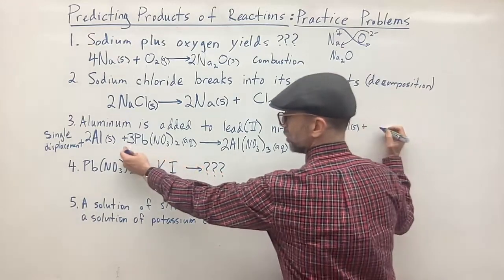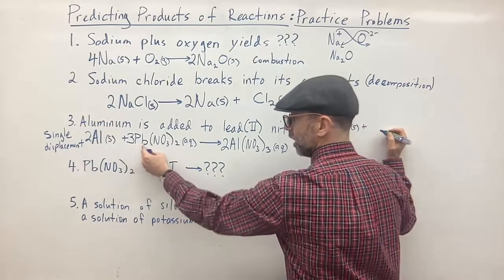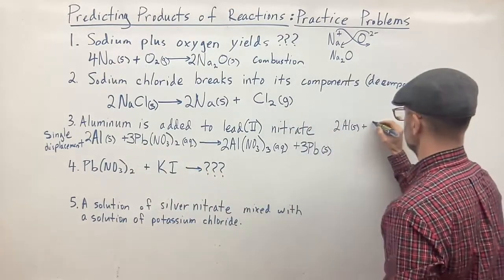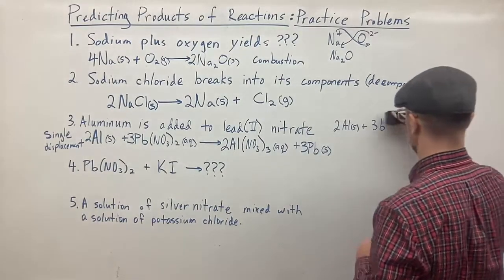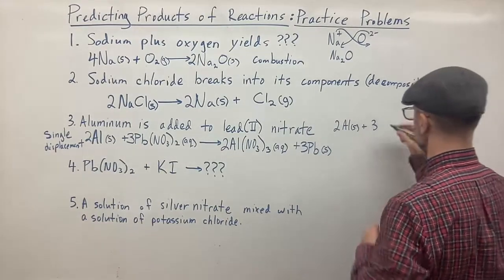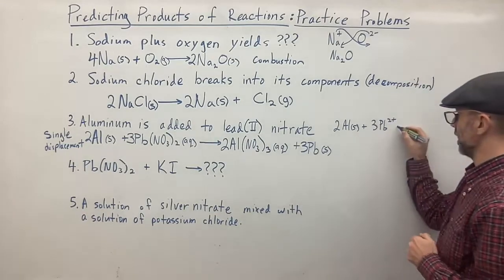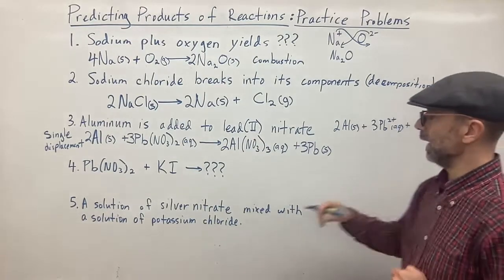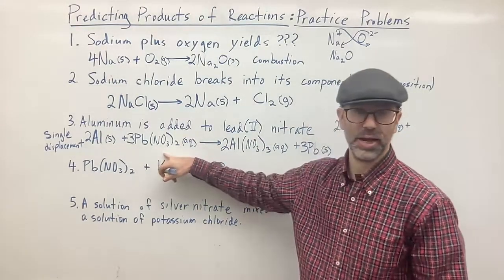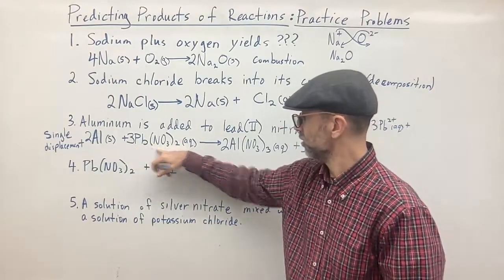So since I have a 3 here, that applies to everything. So I have 3 lead. So I'm going to put 3 Pb 2 plus because the ion has a 2 plus, and I put aqueous. And how many nitrate ions do I have here? 3 times 2 gives me 6 nitrates.